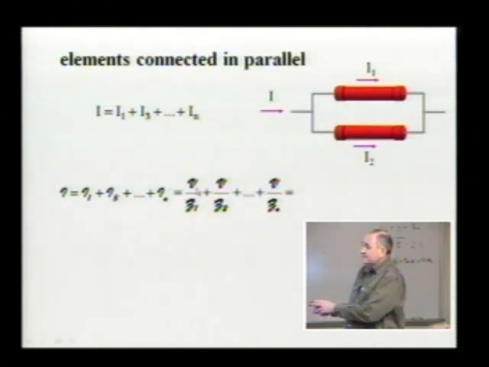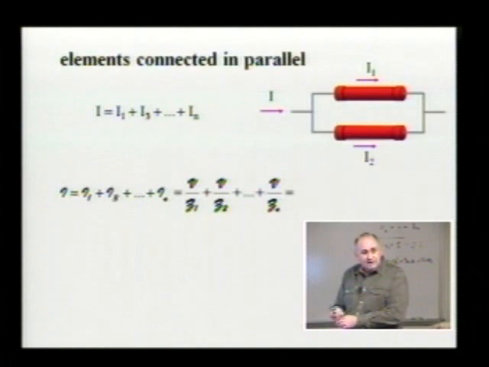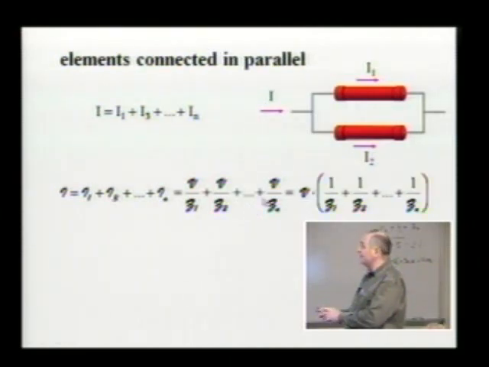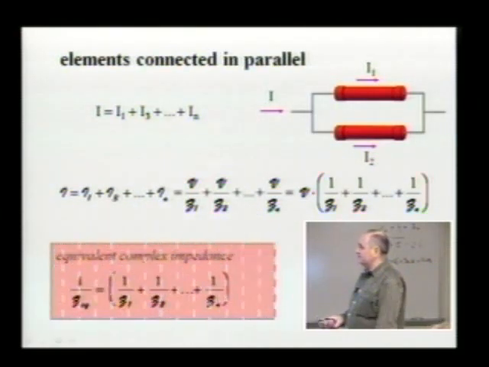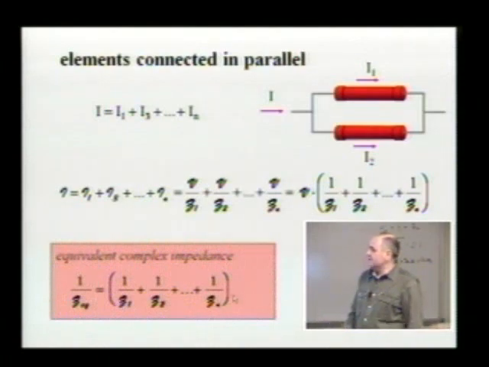So I take the complex voltage across the element divided by the complex impedance of that element. Z1, Z2, and Zn are complex impedances of the elements, and I can factor the voltage out in front and recognize that the equivalent complex impedance of elements connected in parallel is equal to the inverse of the sum of inverses.